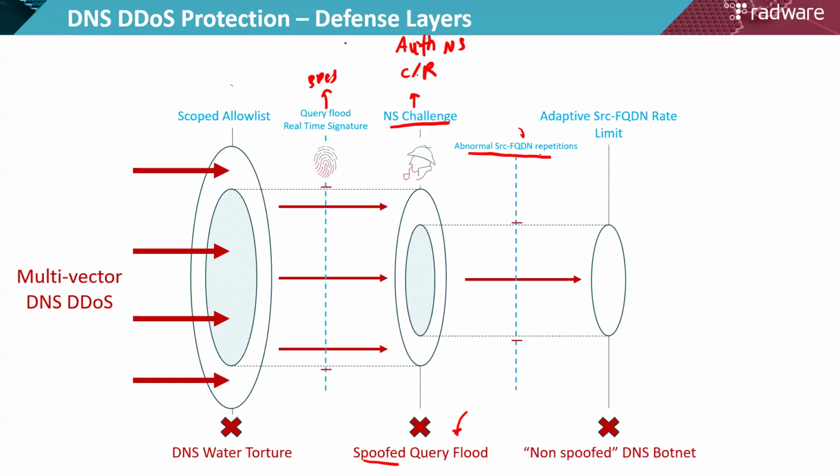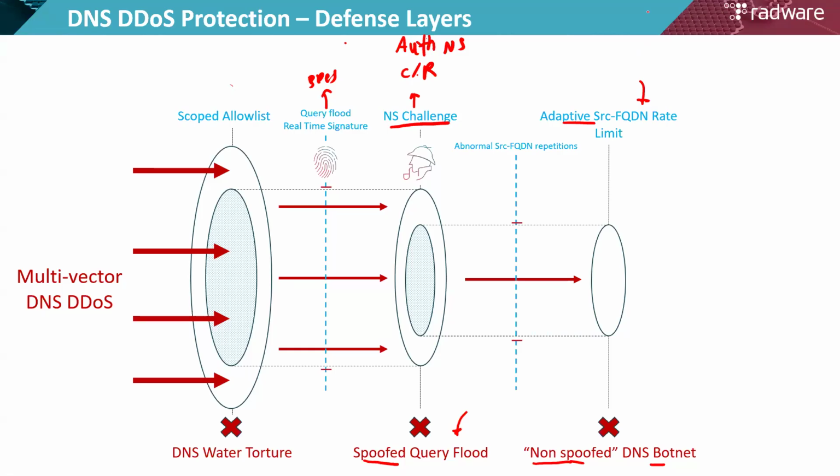That is where you can rate limit those requests, which is what the adaptive source FQDN rate limit means. Whether it is coming from a normal client or from botnets, if we are getting a large number of requests, we can rate limit. So these are the four things.